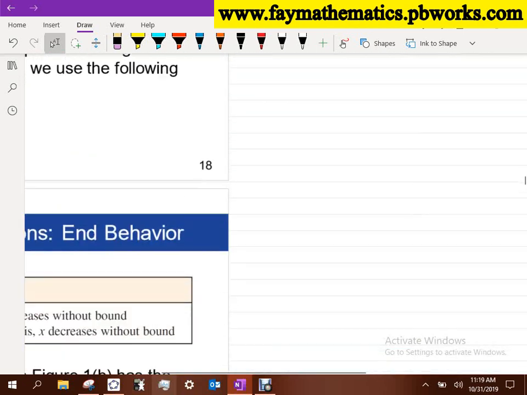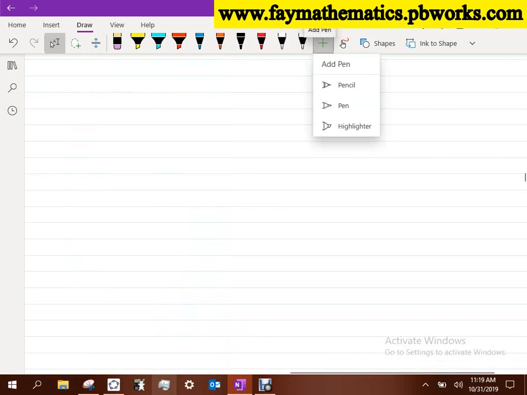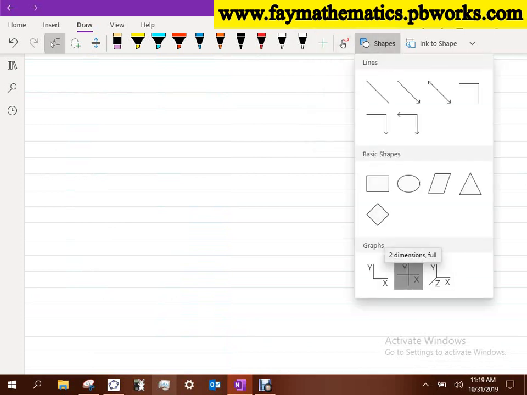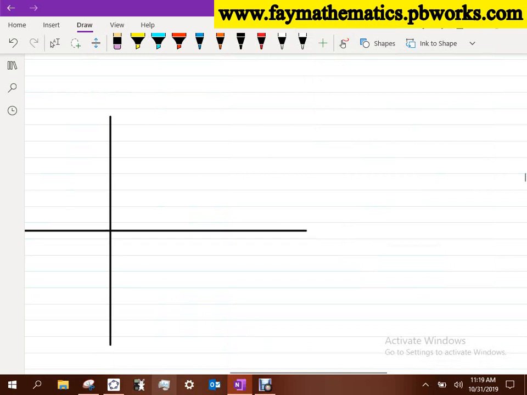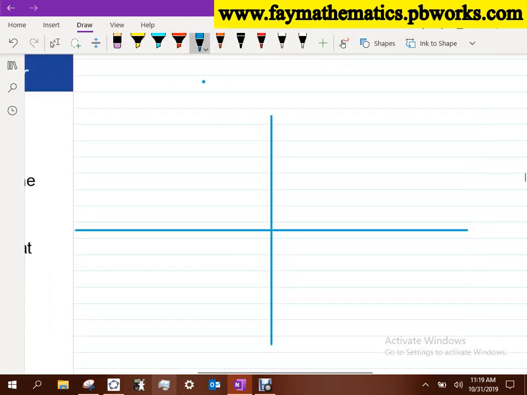All right, so we talked a little bit yesterday about end behavior. What end behavior is, the idea: if I've got my x and y axes here, every graph, and this is just right now talking about polynomial functions, all functions have some type of end behavior.